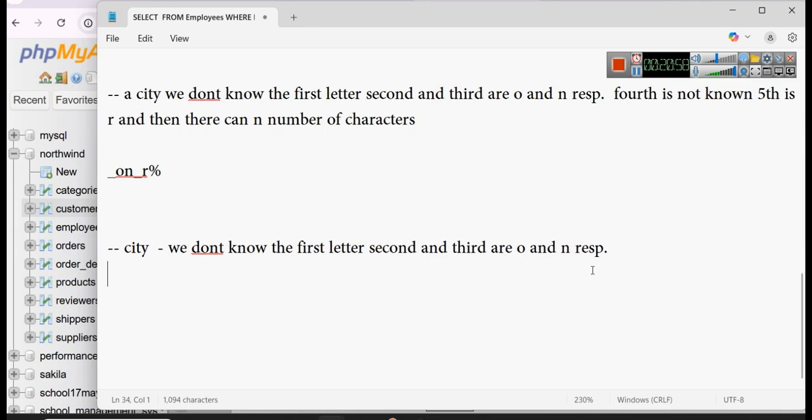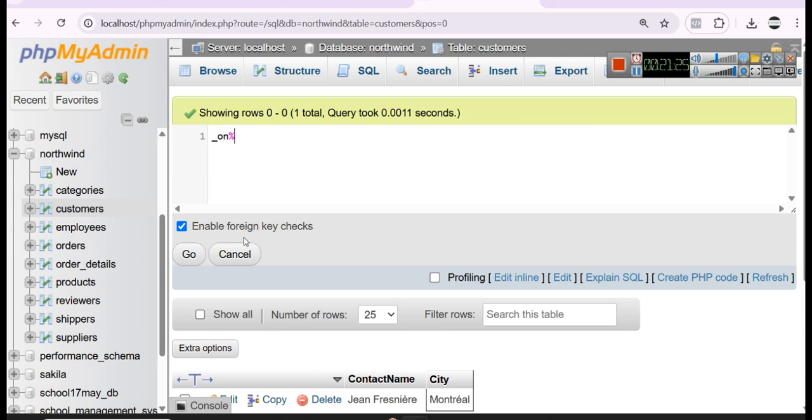Second and third are O N respectively. What will be the pattern? Underscore ON percentage. Percentage, because we have not said anything about the rest, right? So let's see, is there any other city? So you will just write it like that.